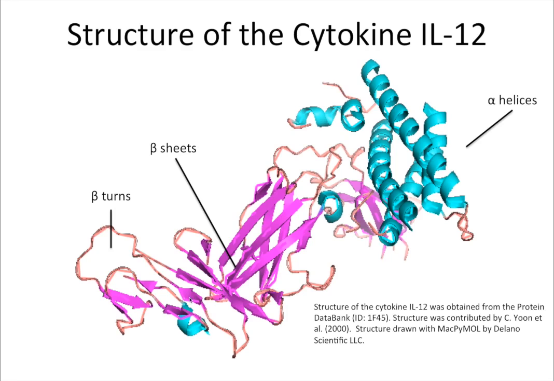Essentially, what you're looking at here is that I obtained the data for interleukin 12 on that website, and then I generated this three-dimensional model using a software package. This particular one was called MacPyMOL, by DeLano Scientific, and it nicely organizes it, so you can see where the alpha helical sections are, where the beta sheet sections are, and where the beta turn sections are.